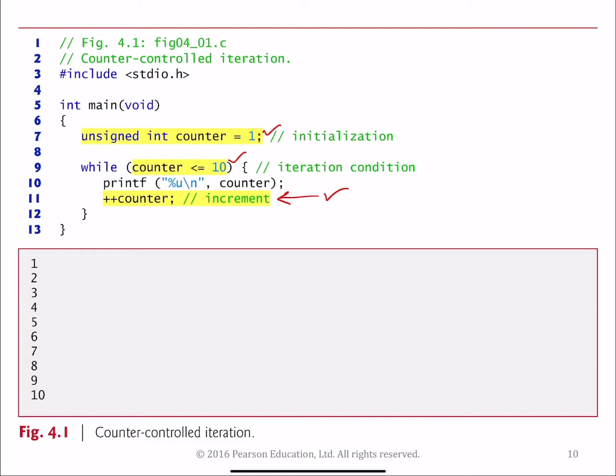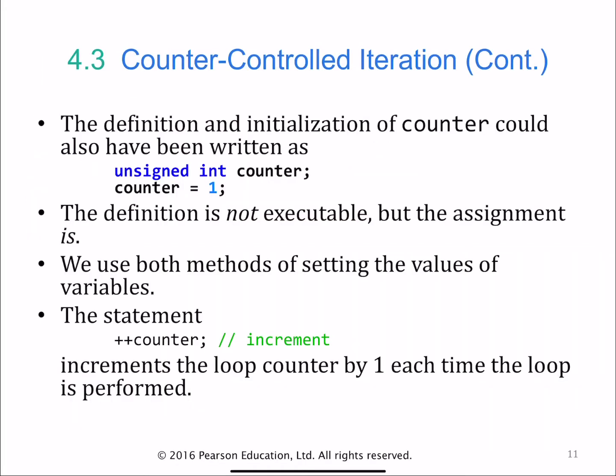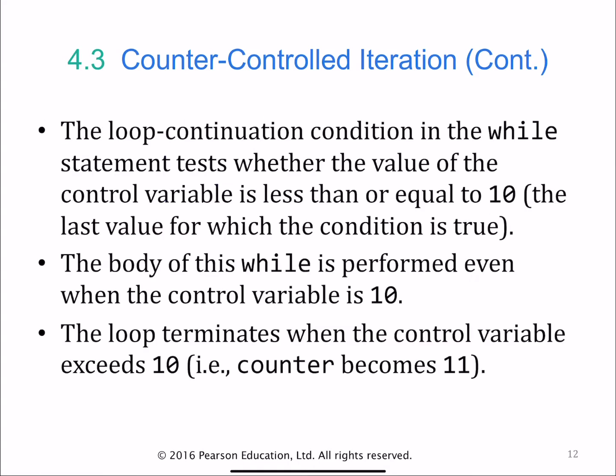So this is one way to run a loop for 10 iterations. You can also split up the definition and initialization into 2 steps like this. And of course, the use of the pre-increment operator is new in this short example.